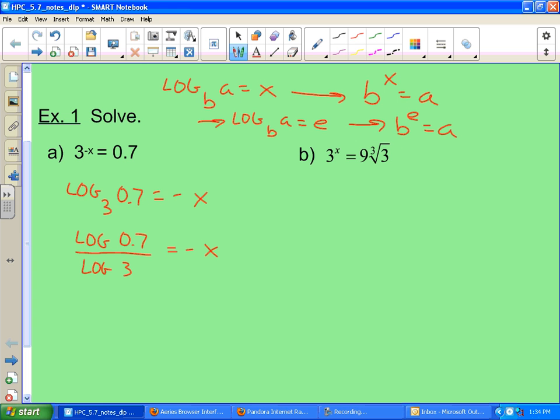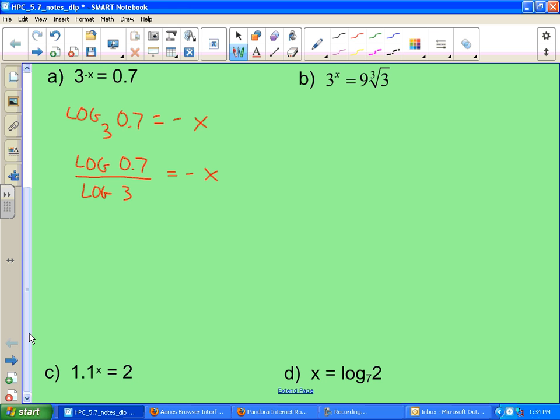After you do log 0.7, make sure you close that with a parenthesis, and then hit the division button, and then do log 3. And you're going to tell me that the answer is negative, I believe, 0.32, is that right? So that means x is equal to 0.32. So there we go.